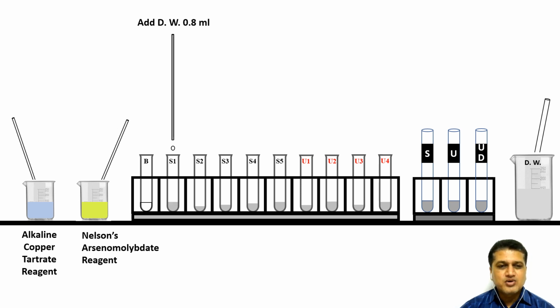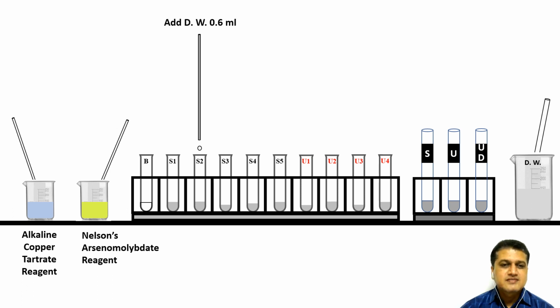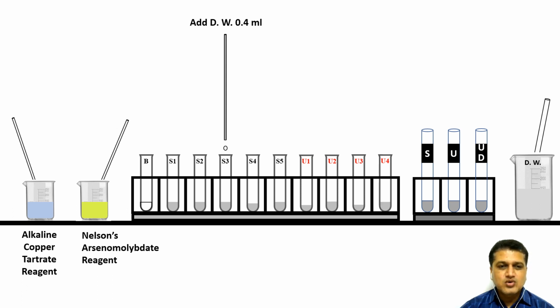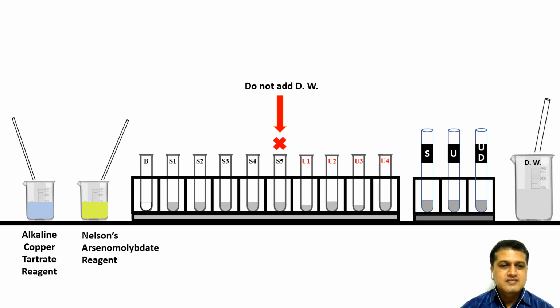Add 0.8 ml distilled water in tube S1, 0.6 ml distilled water in tube S2, 0.4 ml distilled water in tube S3, 0.2 ml distilled water in tube S4, but do not add distilled water in tube S5 because 1 ml standard glucose solution is already there in it.